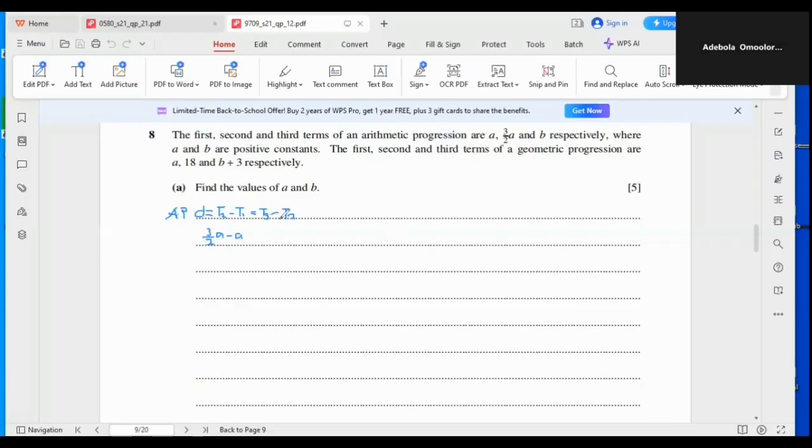That's T3 minus T2. Since they are the same, T2 minus T1 is equal to T3 minus T2, so 3 over 2A minus A is equal to B minus 3 over 2A.